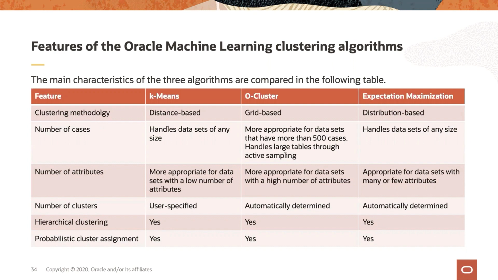O-Cluster, on the other hand, does an automatic determination of the number of segments, and expectation maximization does that as well. They all work on hierarchical clustering, and they all work with probabilistic cluster assignment, which I mentioned before. So when a new record comes in, I can give you the rules, but I'm going to use a probabilistic cluster assignment inside that model.